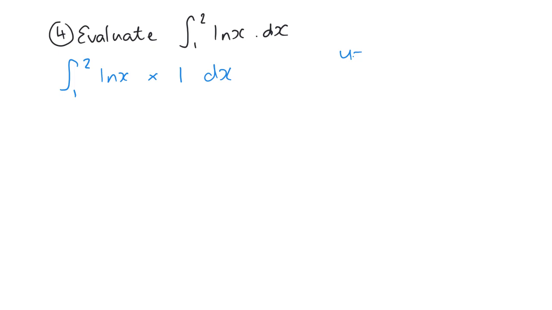So our u is ln x, because remember, u always has to be with the log. So du by dx equals 1 over x. So our dv by dx is our second term, so it's just 1. So when I integrate that to get v, it equals x.